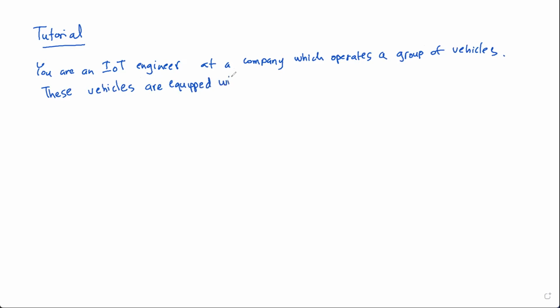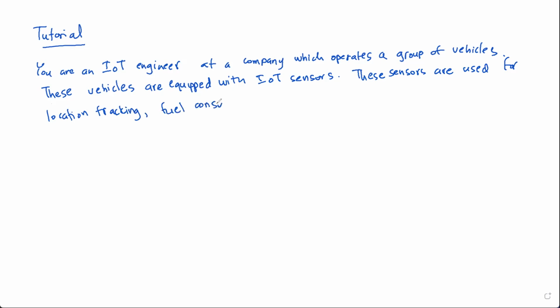IoT sensors could be used for different applications. Some of the applications are location tracking, fuel consumption monitoring, etc. There could be other applications.